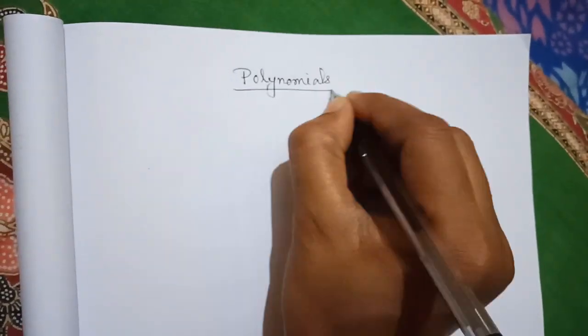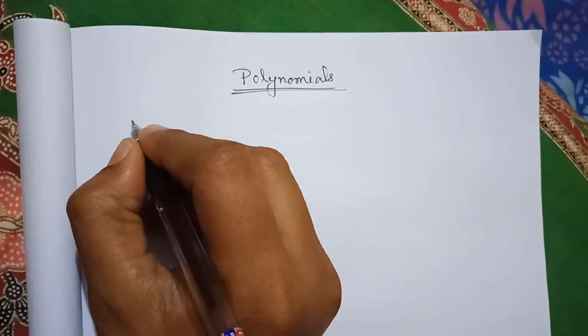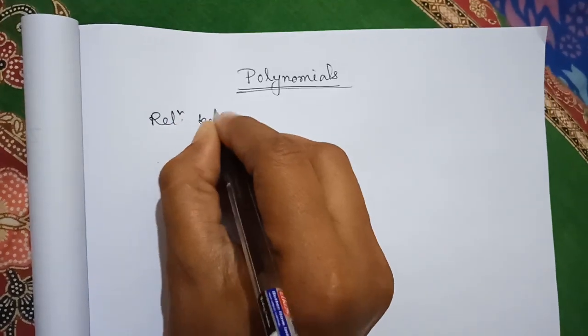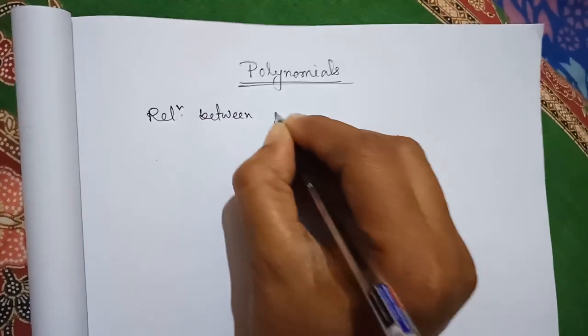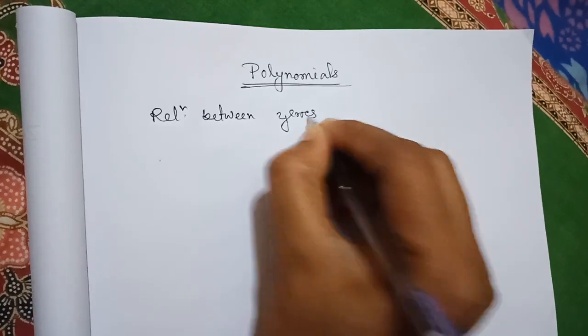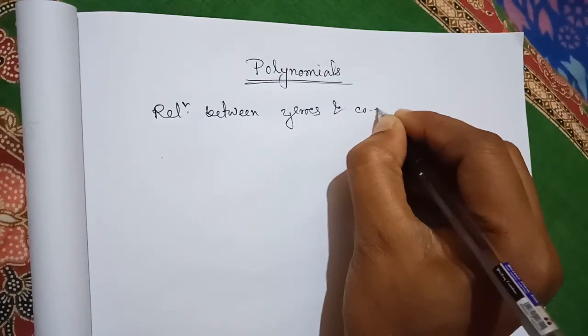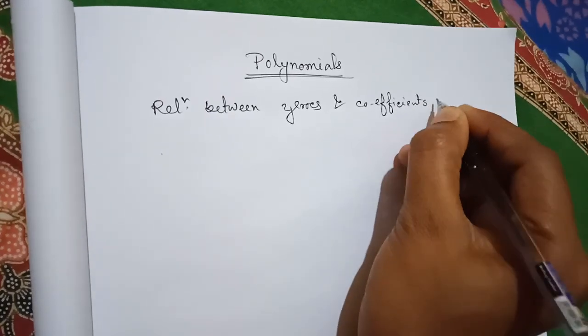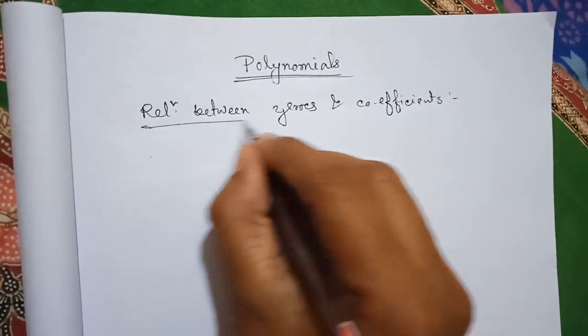So in the first session I have started just the introduction of relation between zeros and coefficients. And this is actually the second topic, rather I have started it first.